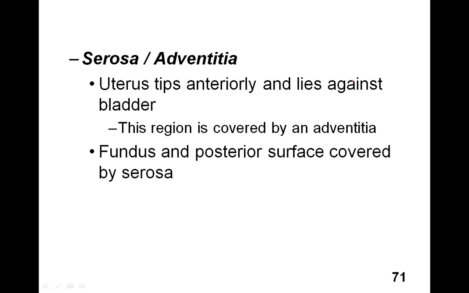It's going to tilt anteriorly, and when it does this, it's going to actually come into contact with the bladder. So in that zone, the outer wall is going to be composed of an adventitia. But all other regions will be covered by the serosa.